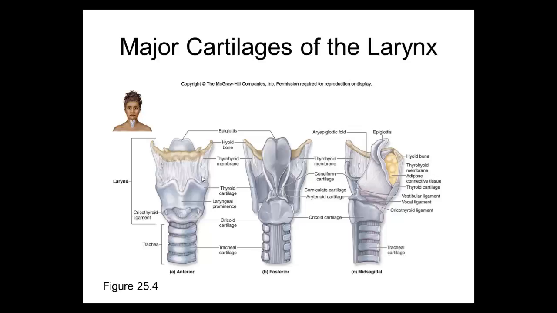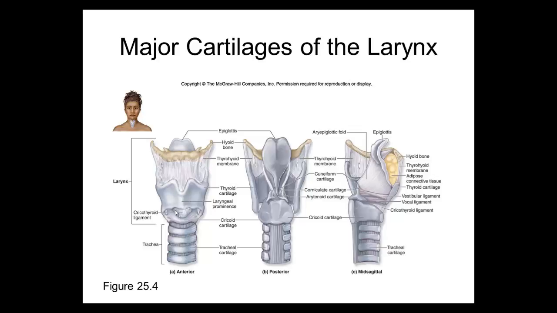Before we skip through this slide, we have ligaments, of course, connecting the larynx to other structures. Connecting the thyroid cartilage to the hyoid bone is the thyrohyoid ligament, or thyrohyoid membrane.